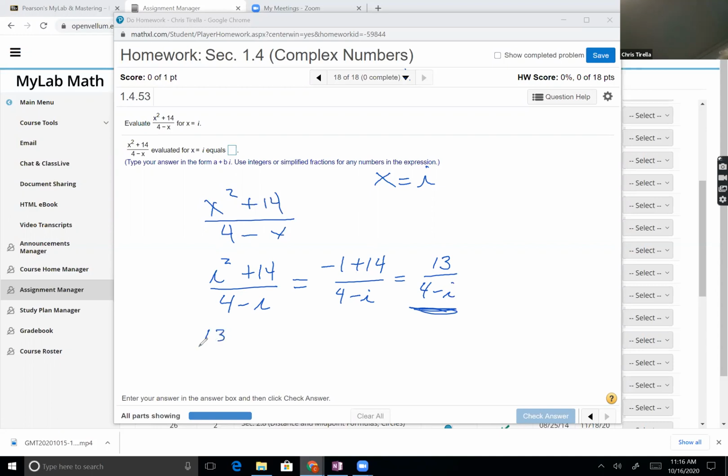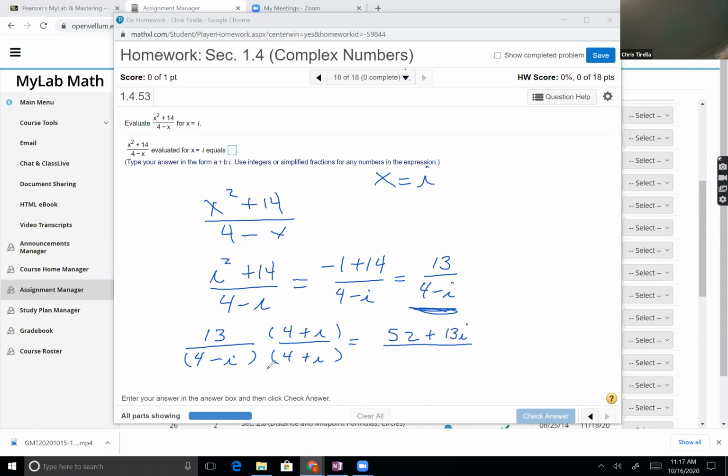And do you remember, if we have i in the denominator of a fraction, what we had to multiply numerator and denominator by to get that i out? The conjugate? So that would be 4 plus i. Yes. And so that gives me 13 times 4, I believe, is 52, plus 13 times i.